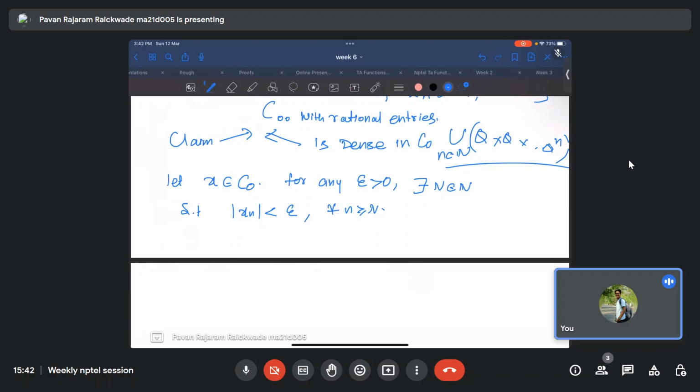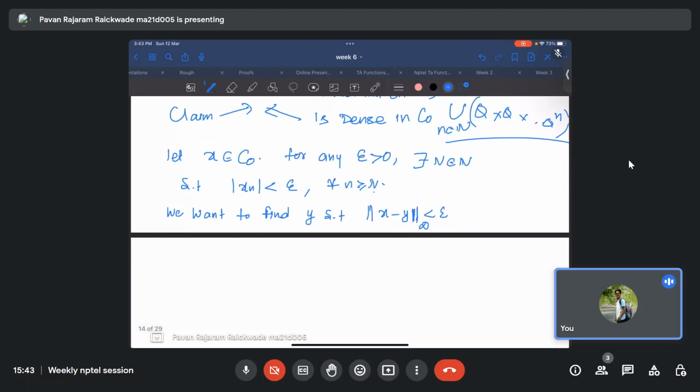Now after N, all the xn's are less than epsilon. We want to find a y with rational entries in c00 such that norm of x minus y is less than epsilon, right? If I do that, then I'm done.